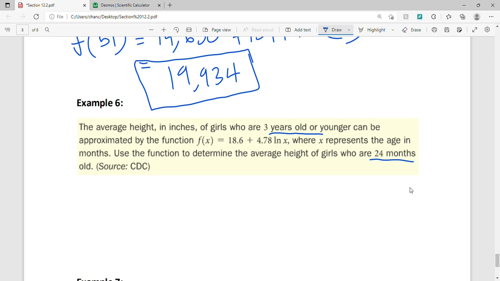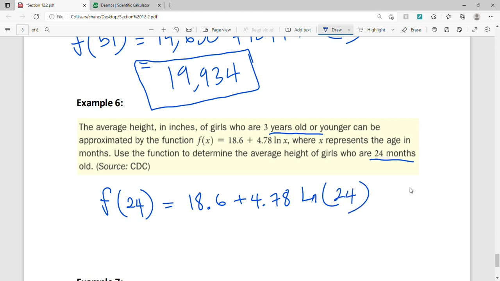In example 6, we'll look for f of 24. We're going to substitute that 24 into our function. And we'll round this to 1 decimal place to see how many inches a 24-month-old girl is supposed to be.